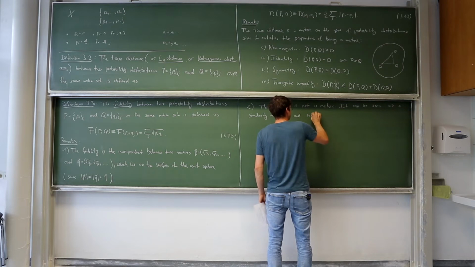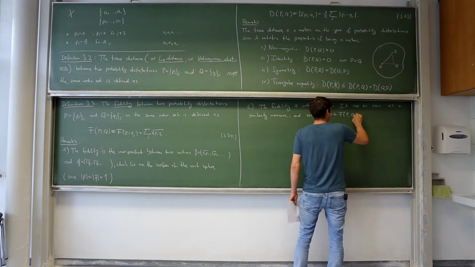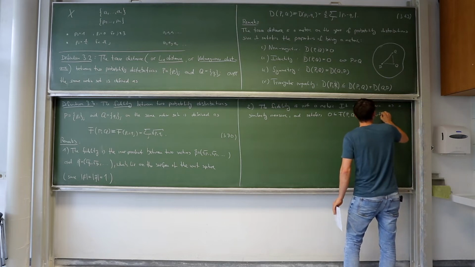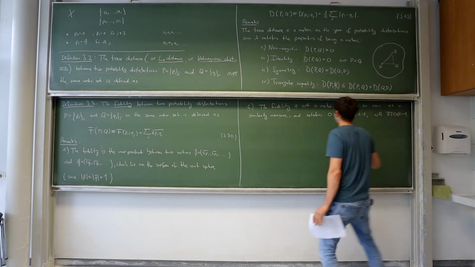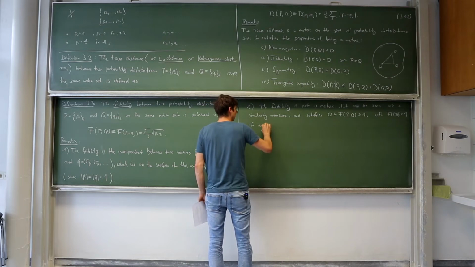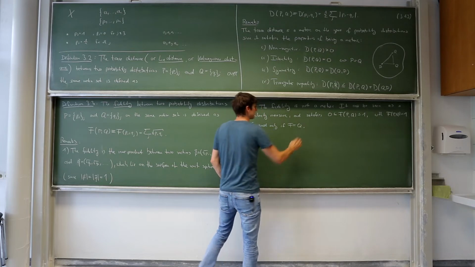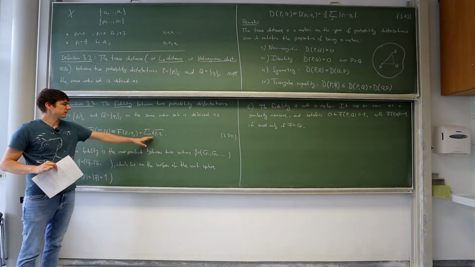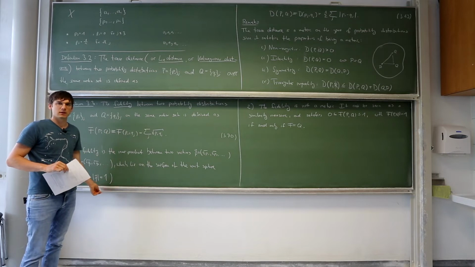And it satisfies 0 smaller or equal to the fidelity of P and Q smaller or equal to 1, with, as I just said, F of P, Q equals 1 if and only if P is equal to Q. So here I'd like you to keep in mind this picture of the fidelity being an inner product between two vectors, right? Because we're going to encounter such a picture also in the quantum case.